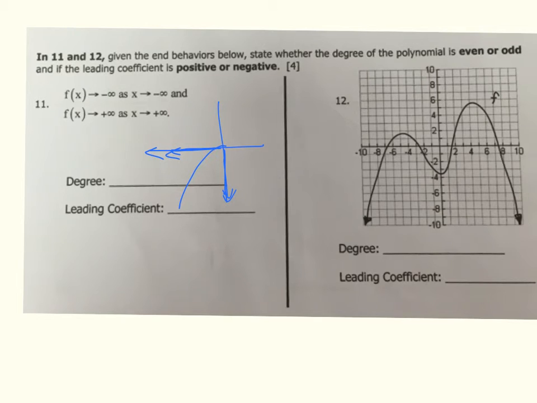And then the second condition says as x approaches positive infinity, y goes positive as well. So now all of a sudden I have Indian dance hands and they're split into different directions. So I must have an odd degree. And because of the way it's shaped, consistent with the parent function, my leading coefficient must be positive.